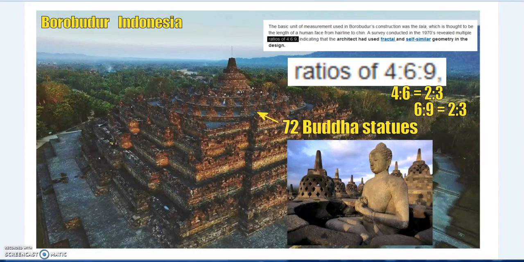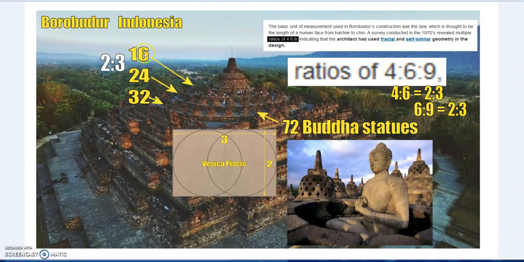2 to 3 ratio. So, but it's also repeated in other ways in Borobudur. For instance, there are 72 Buddha statues on the circular top platforms, 432 Buddha statues on the lesser ones. But just to focus on this top pattern, we have 72 on 3 layers, which is 32 and 24 and 16.